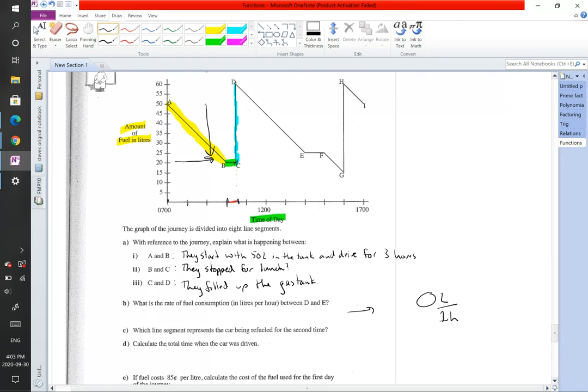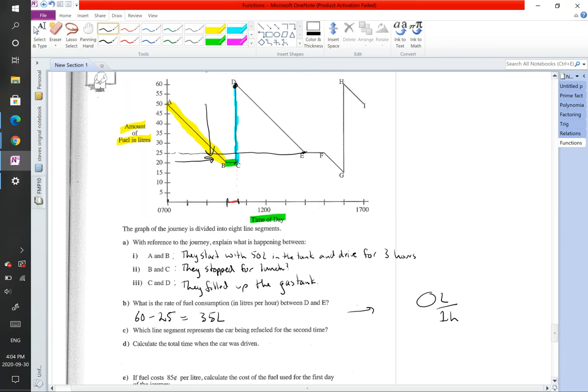The easiest way to do this is to say, well, we started with 60 liters of fuel and we ended with, it looks like 25. So how many liters of fuel did we use? 60 minus 25 should give us 35.